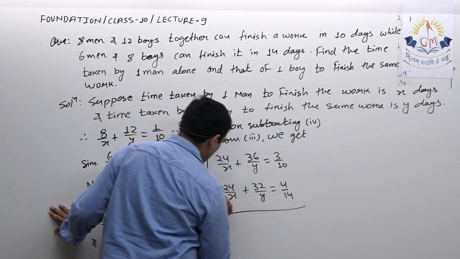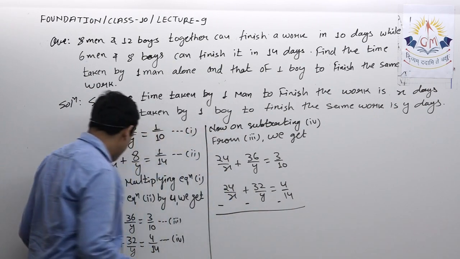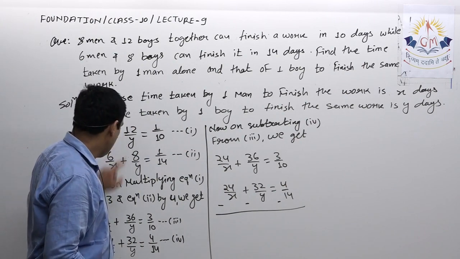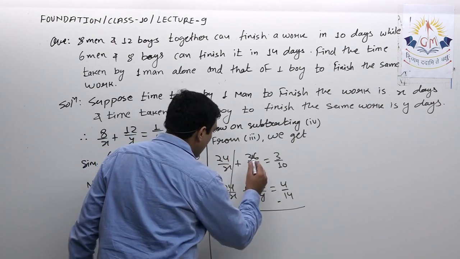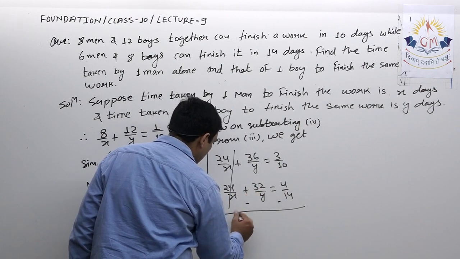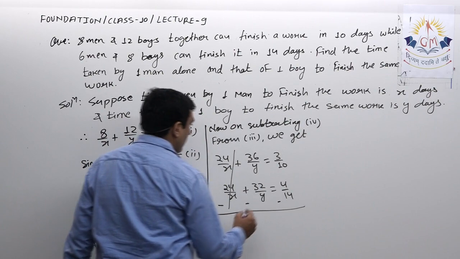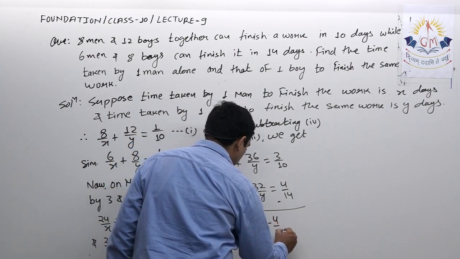So on subtracting, the 24 upon x will cancel out. Here I will get 36 upon y minus 32 upon y, that is 4 upon y. Over here this is 3 upon 10 minus 4 upon 14.